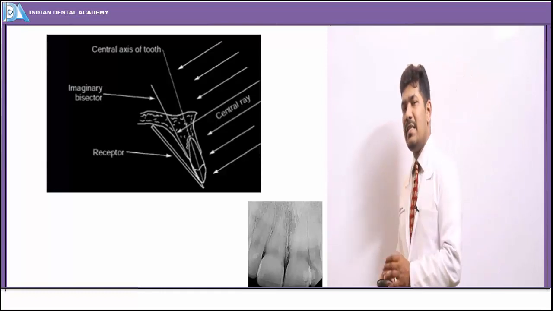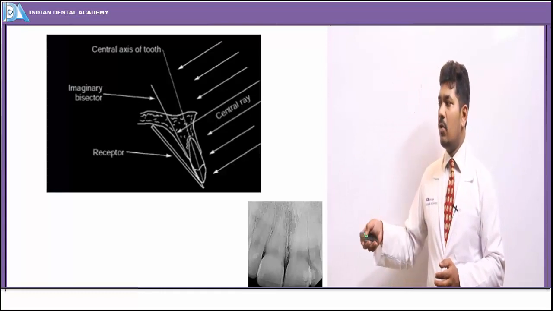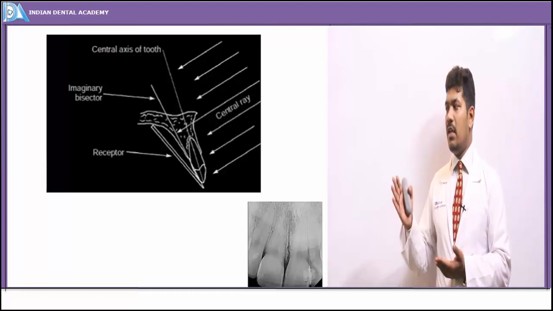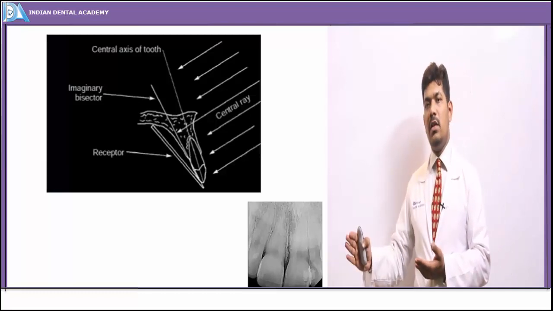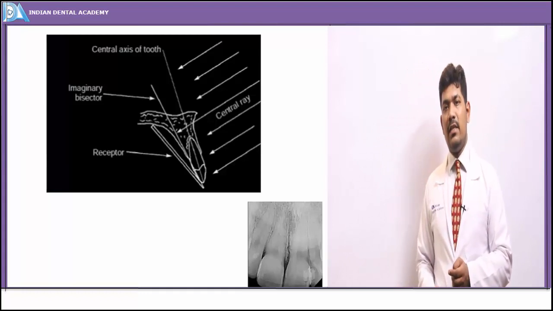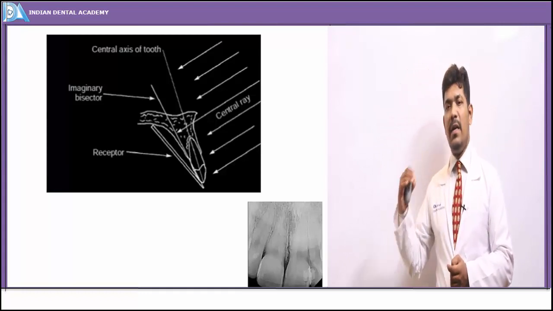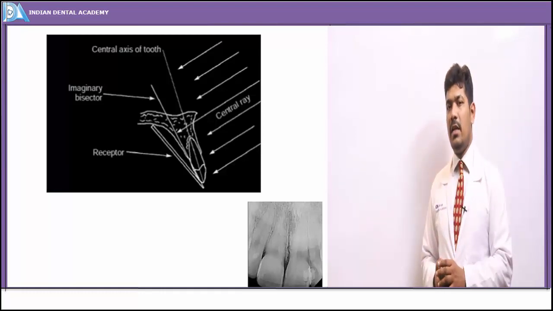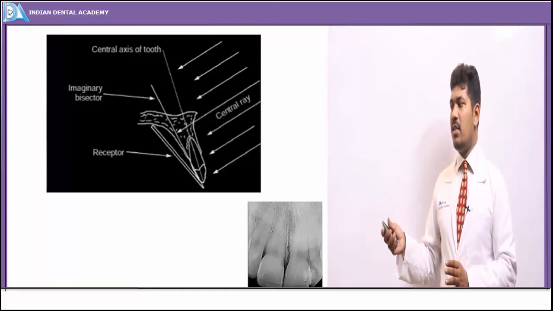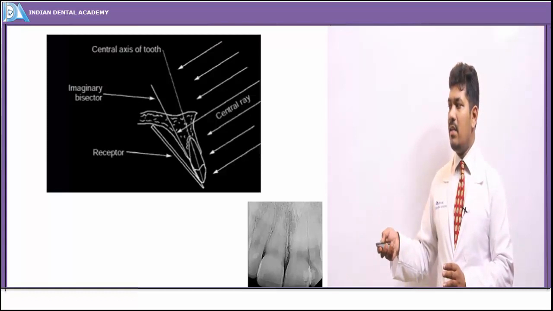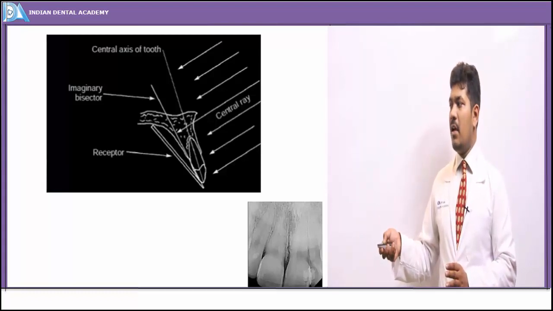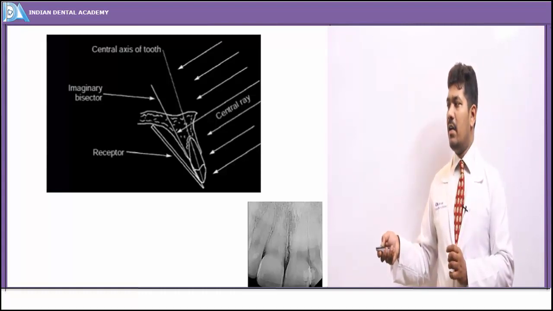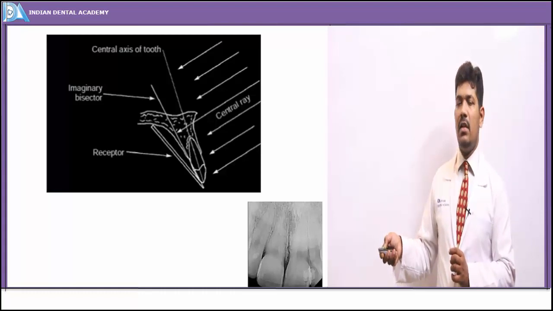So what we are basically trying to do over here is, even though the receptor and the tooth are not parallel to each other, and even though the X-ray beams are not hitting both surfaces at right angles, not perpendicular to the sagittal planes, because of Szymanski's rule, because they share equal angles and a common side, there will be a near replica or exact transformation of the dimensions of the tooth onto the X-ray film.